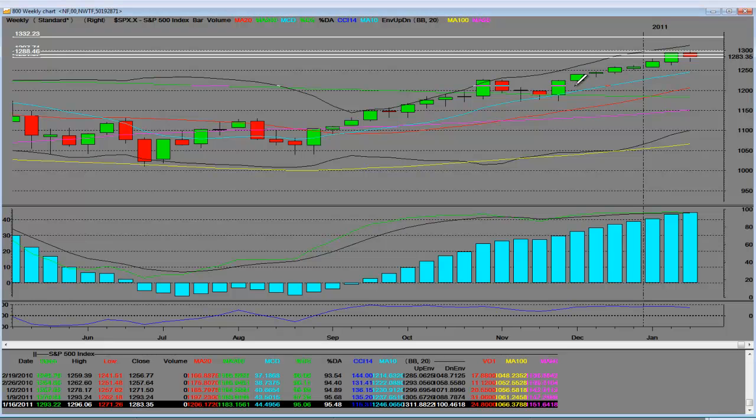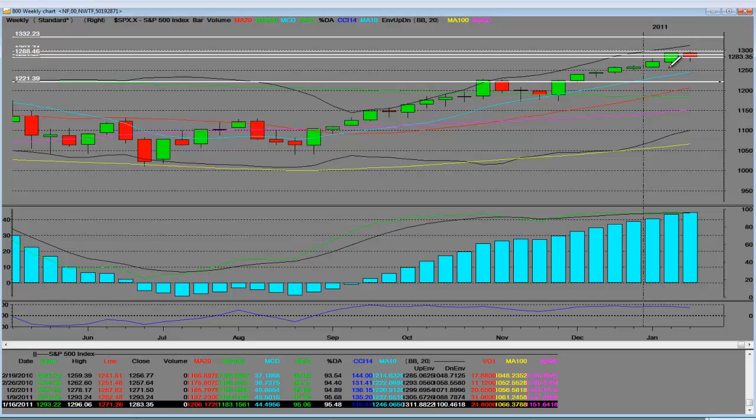This is going to be right around, let's call it the 1220 area, 1221.39. So that's where the base of the end of the 09 light volume rally took place.